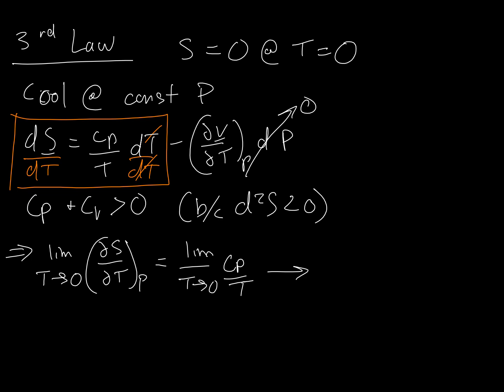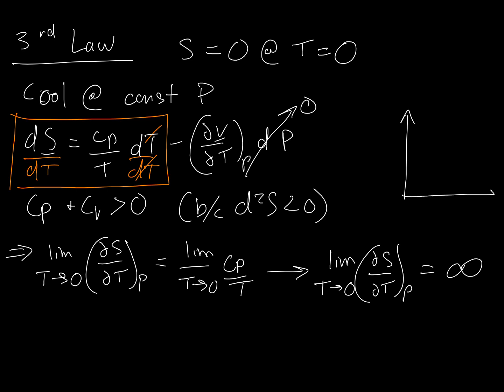So ultimately, the final conclusion is that in the limit as T goes to 0, this goes to infinity. So if we look at a plot of the entropy versus temperature, it asymptotically approaches an infinite slope down there like this.